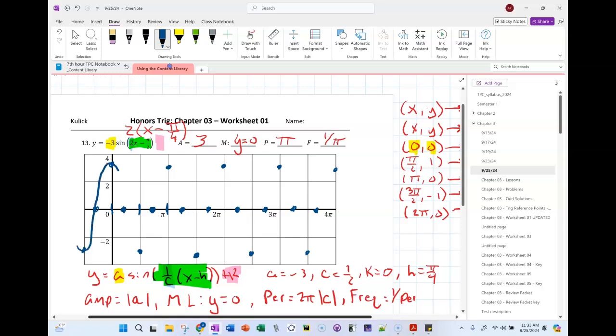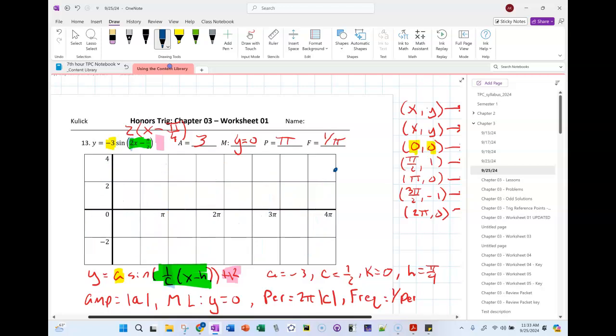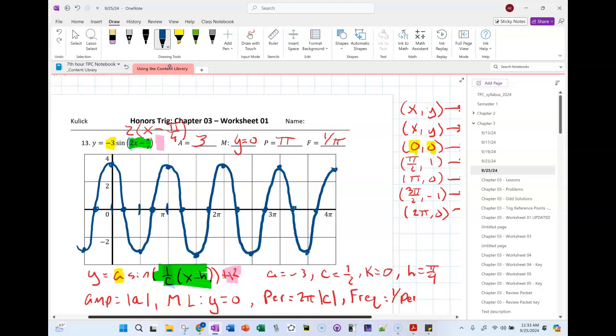Just connect my dots then. Does that feel okay there?